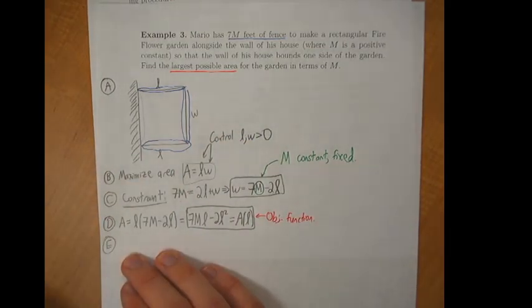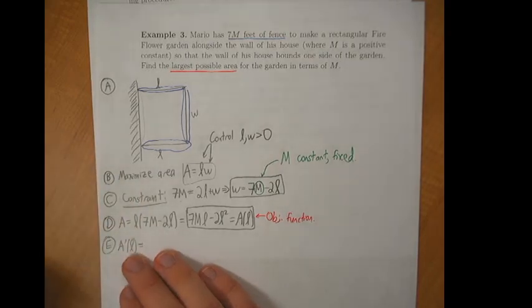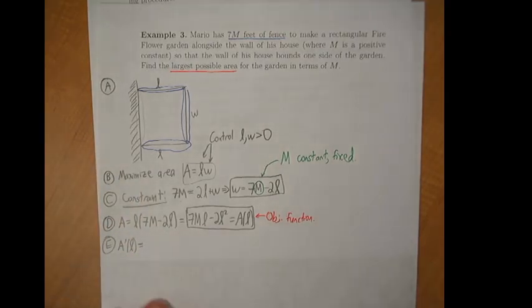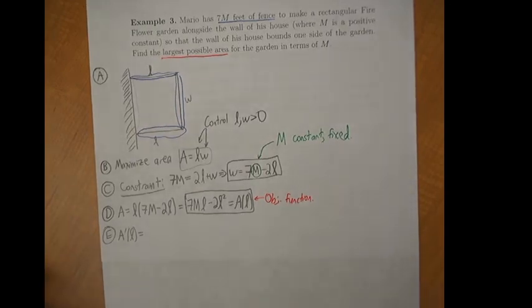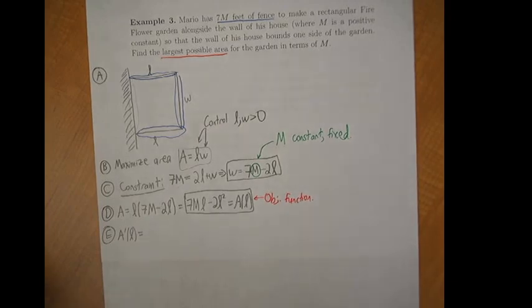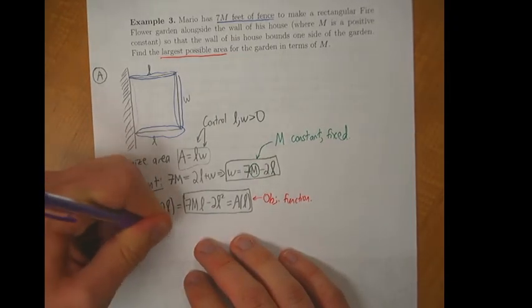So now part E, we say, all right, well, differentiate this, set it equal to 0, and solve. So if we take the derivative with respect to L of our objective function here, what should we end up with as our derivative? Let's give someone else a chance. 7m minus 4L. Yep, 7m minus 4L.